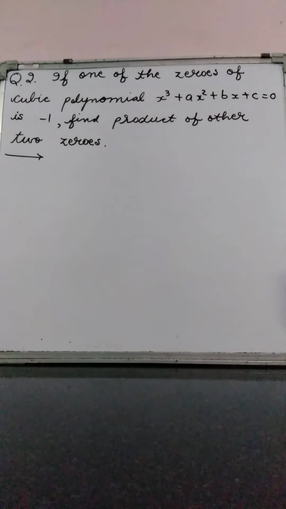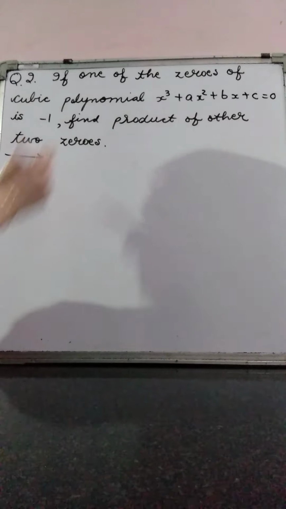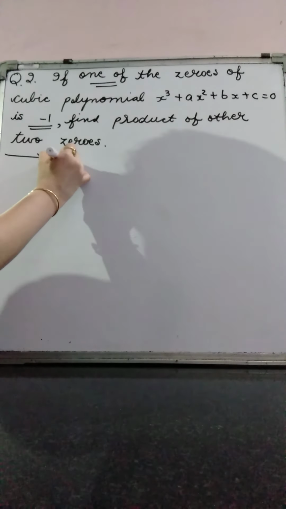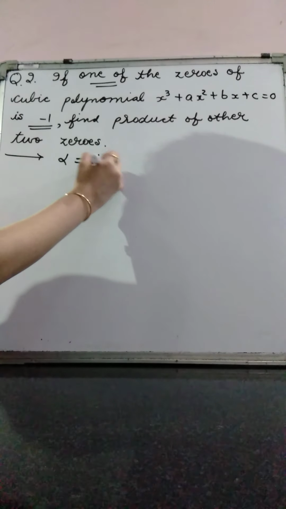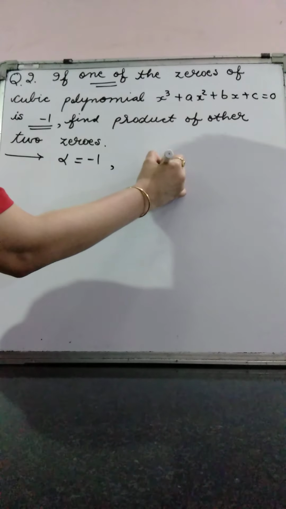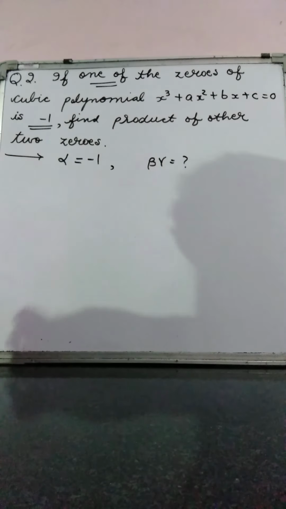Now second question is, if one of the zeros of the cubic polynomial is minus 1, find the product of the other two zeros. One of the zeros is minus 1. Let one zero alpha be minus 1. Find the product of the other two zeros. We need to find beta into gamma.